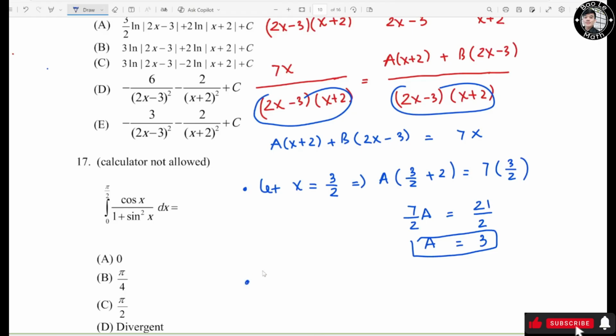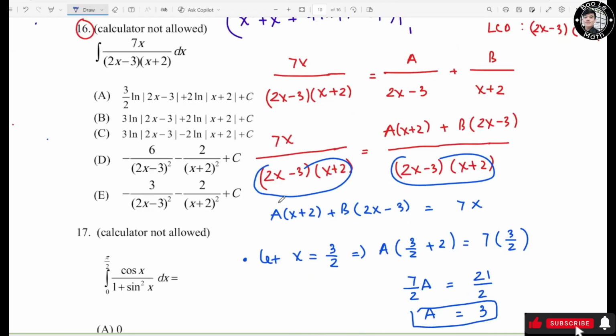Now to solve for b, we just let s equals negative 2, right? So then we have negative 7 b equals negative 14, b equals 2. Alright, so we go back over here. a equals 3, b equals 2.